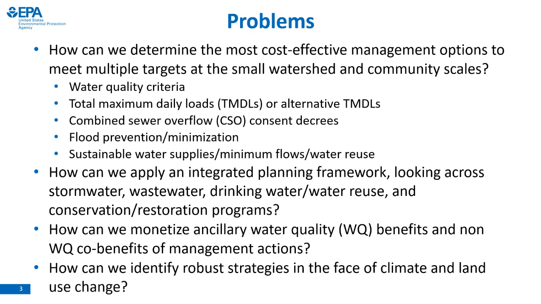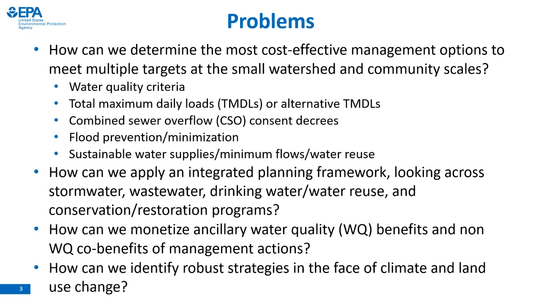The targets can include things like water quality criteria, loading targets for total maximum daily loads or alternative TMDLs, meeting consent decrees for combined sewer overflows, minimizing or preventing floods, or maintaining sustainable water supplies, minimum flows to support aquatic life use or water reuse.